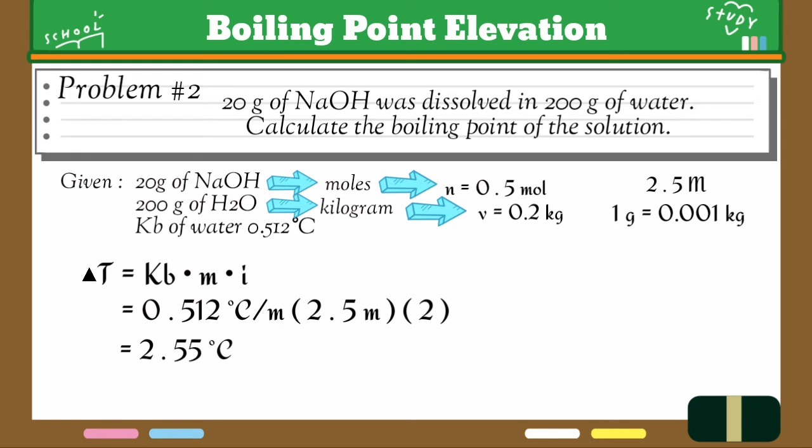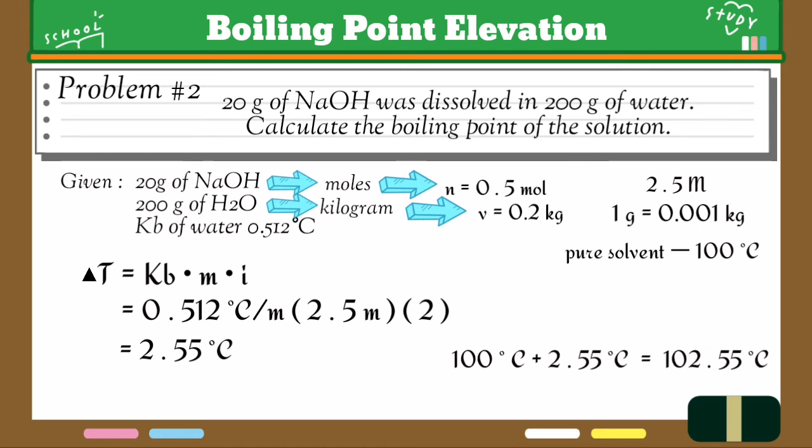Since the boiling point of pure water is 100 degrees Celsius, we have to add it to the 2.55 degrees Celsius. 100 degrees Celsius plus 2.55 degrees Celsius is equal to 102.55 degrees Celsius, and that's the new boiling point of the solution.